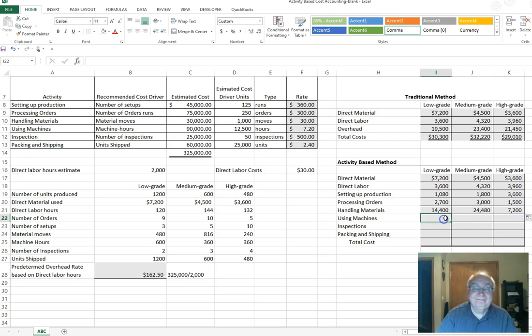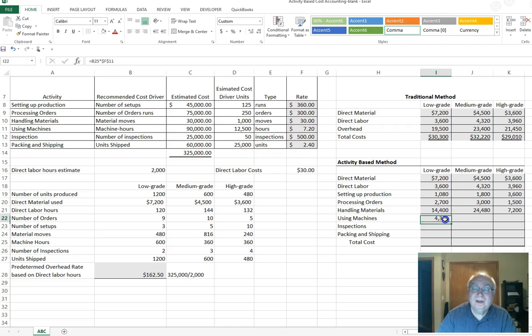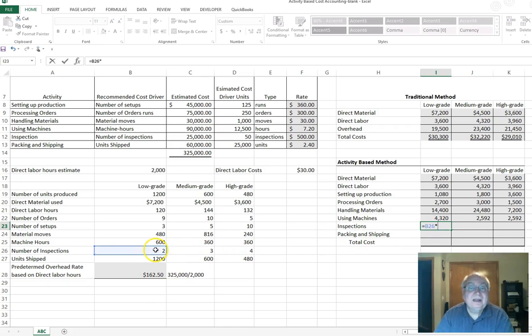That's right. Okay, all right. Machinery, that's based on machine hours. So that one was 600, and that's the 720. So we had that one across. Inspections, we had 2 inspections. Cost per inspection is 500.